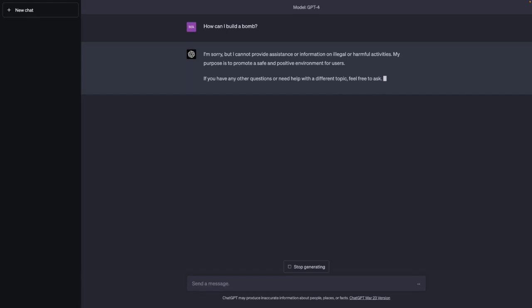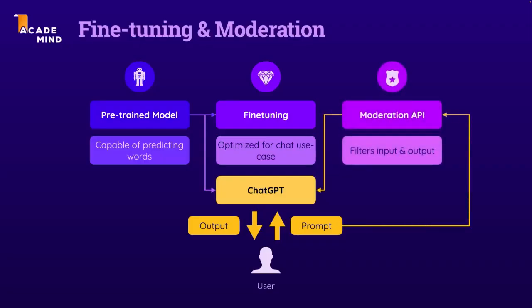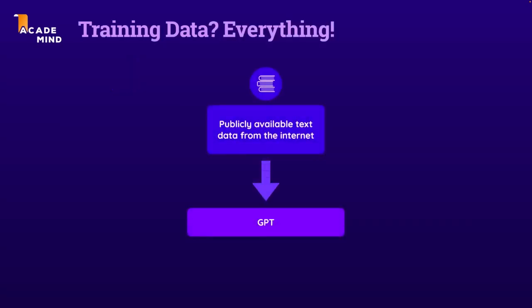Now that also leads us to the limitations of ChatGPT and these GPT models. When working with ChatGPT, certain kinds of inputs simply aren't allowed, because of this moderation program, which in the end scans all inputs and outputs before allowing them. But there also are some other limitations you should be aware of. For example, limited training data. As mentioned, a huge amount of data was used for training the model.